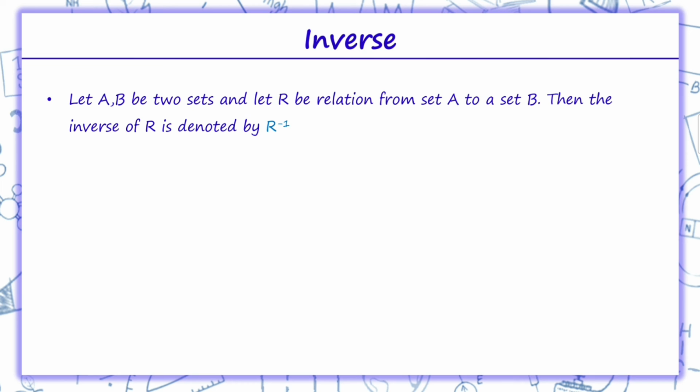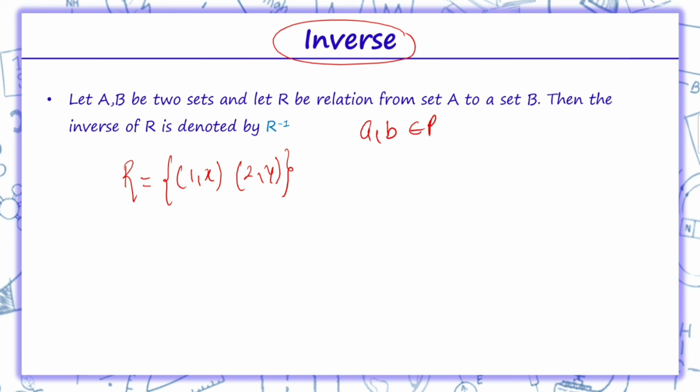Inverse: let's suppose we are provided with sets A and B. R is a relation like we saw in the previous question. R was a relation in which 1 was related to x and 2 was related to y. So if we have to calculate the inverse, basically, if (a, b) belongs to R, this implies that (b, a) belongs to R inverse.